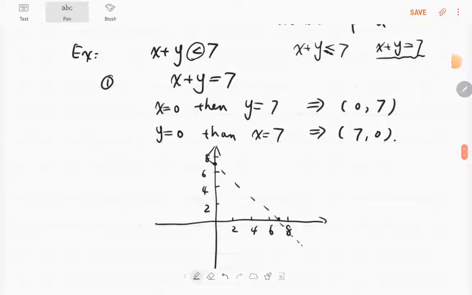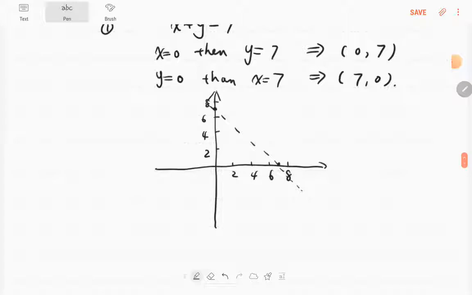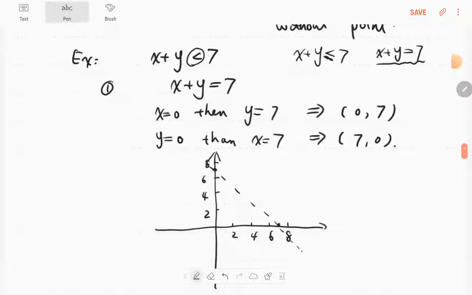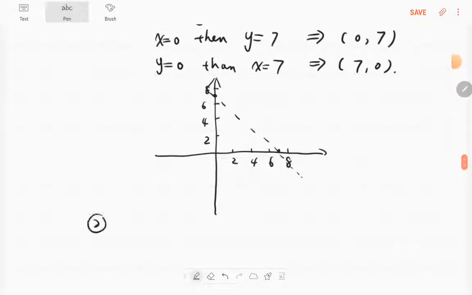Then we should draw a solid line. But in this case, all the points on this boundary line are not the solution. That's why we put a dash line here. So first step, we already draw our boundary line. This time the boundary line is a dash line, because we do not have the equal sign in our original inequality.